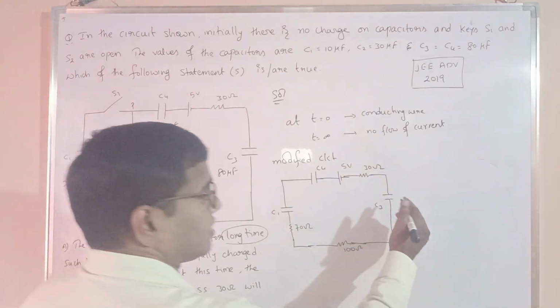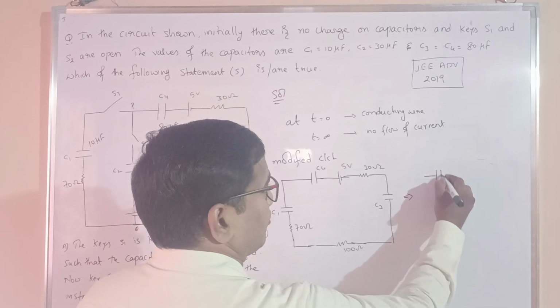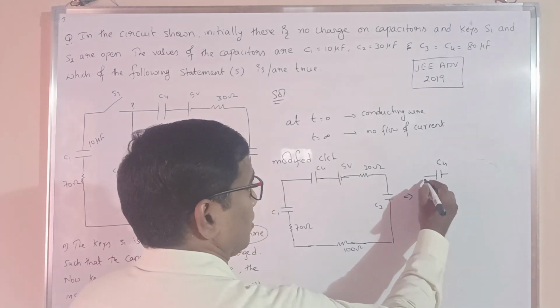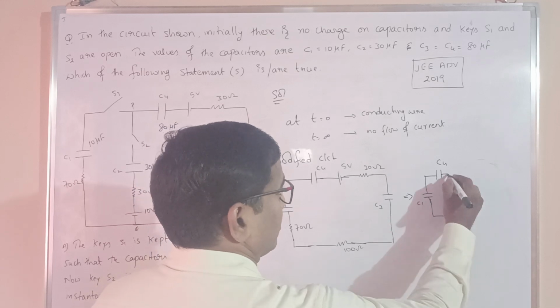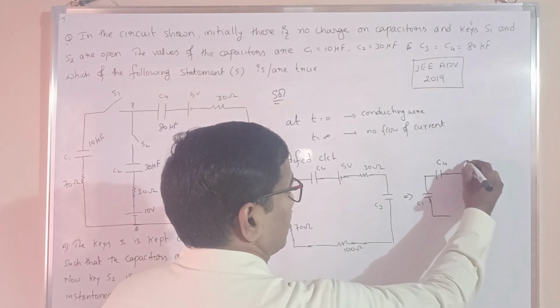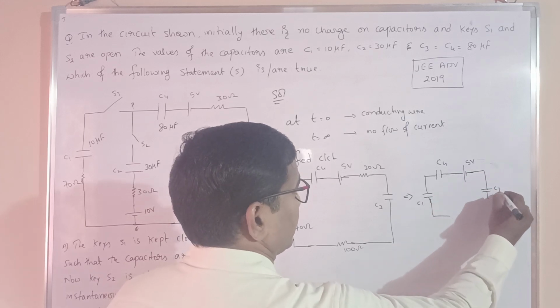So again, if I modify the circuit, it will be capacitor C4 here, C1 here, and one potential of 5 volt, and here C3.